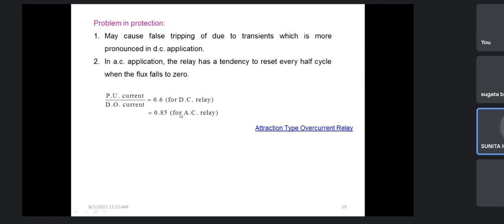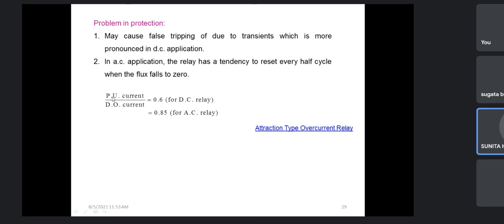And this transient may happen under normal condition when switching is done. That is, any circuit when you close, there will be a transient, but that is the healthy condition. But it may consider that one as an unhealthy condition and may trip.